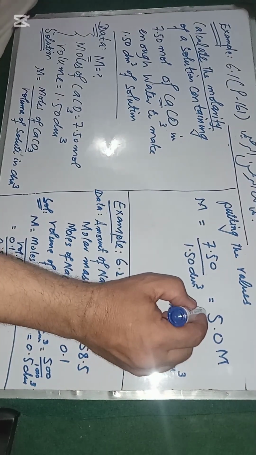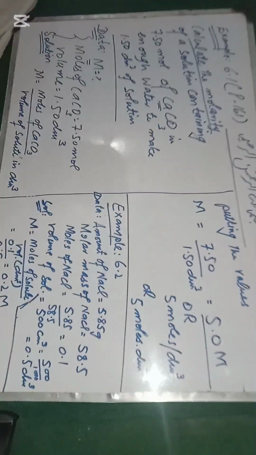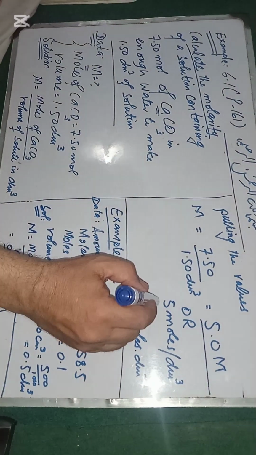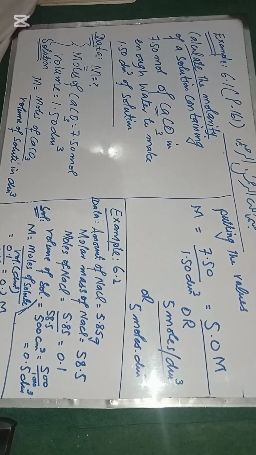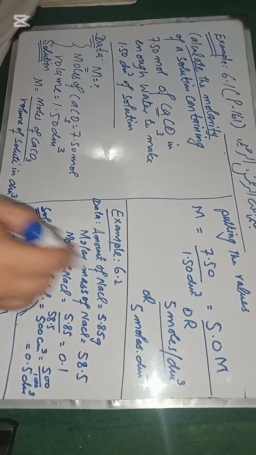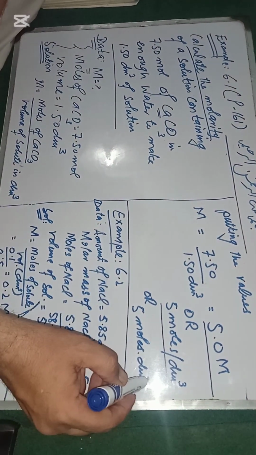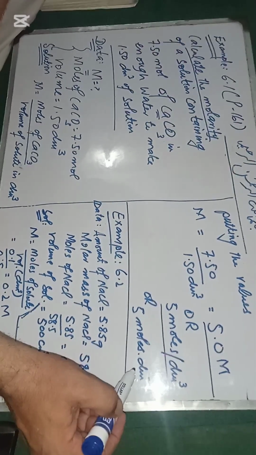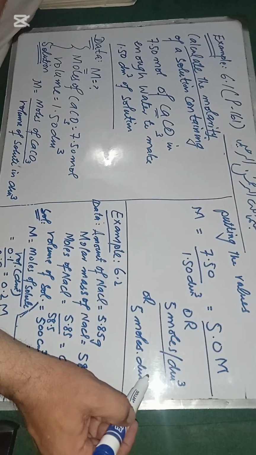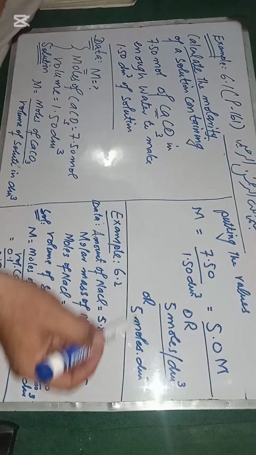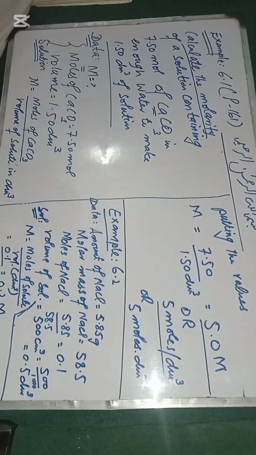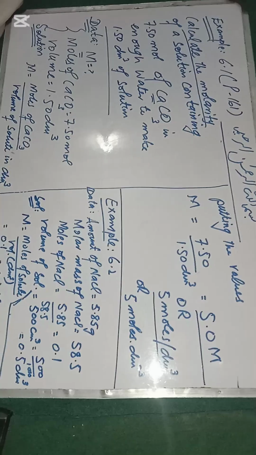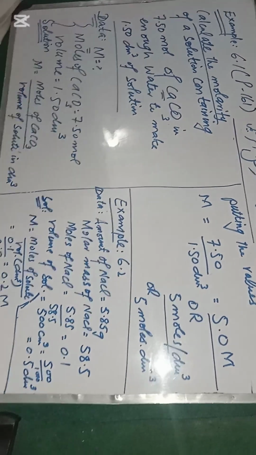You can write it like this, or 5 moles per dm cube. When you are taking it from the denominator to the numerator, you already know that you can write it like this.